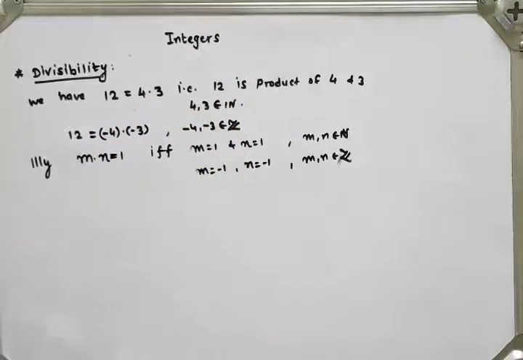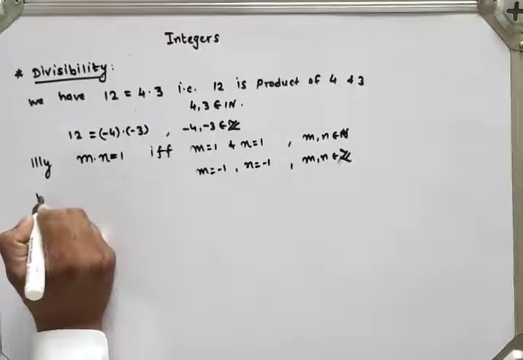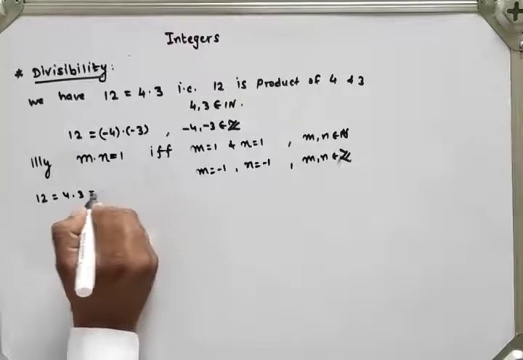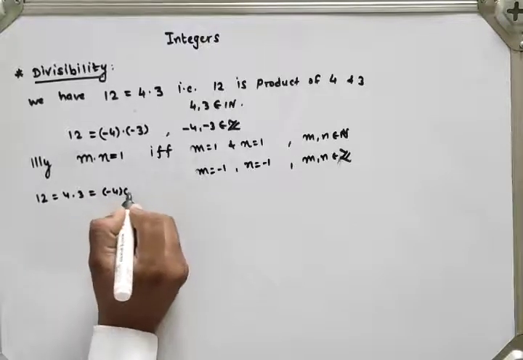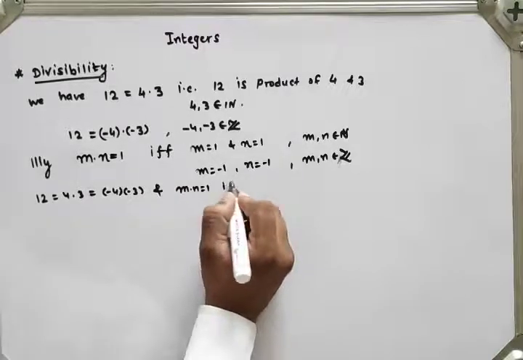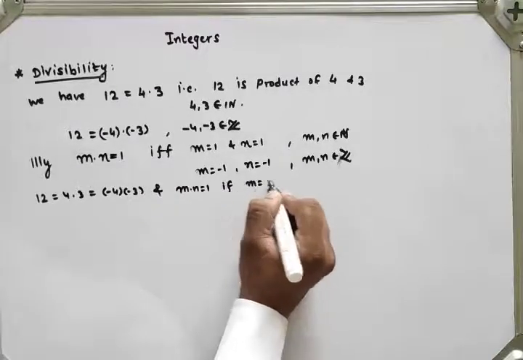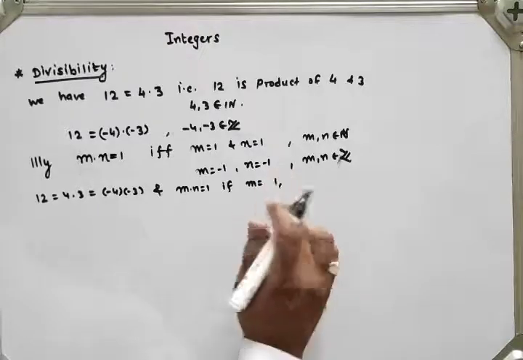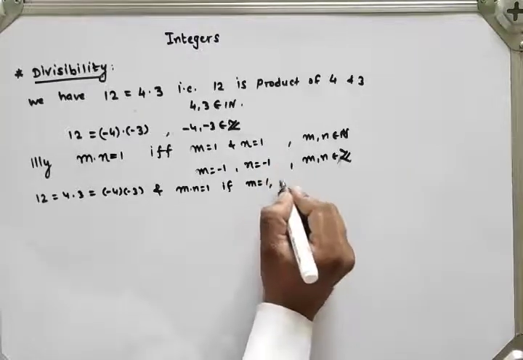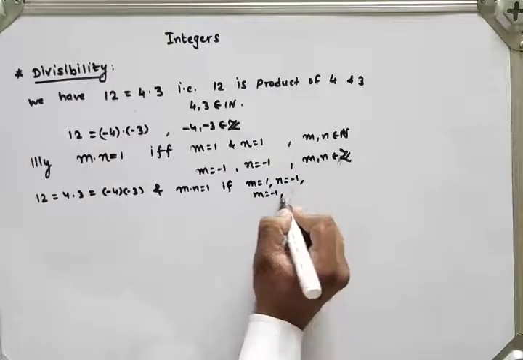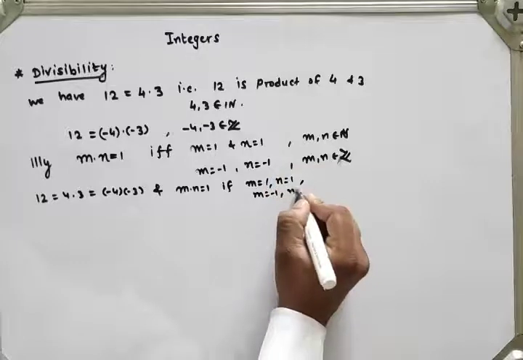So 12 is equal to 4 into 3, which is equal to minus 4 into minus 3, and m into n is equal to 1 if m is equal to 1 and n is equal to 1, or m is equal to minus 1 and n is equal to minus 1.